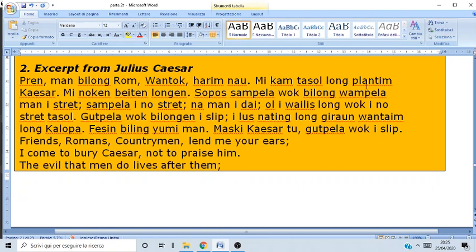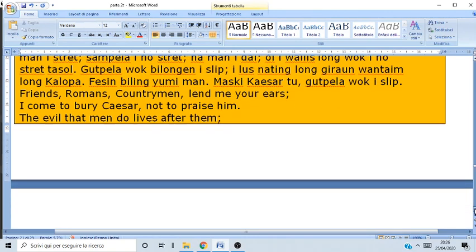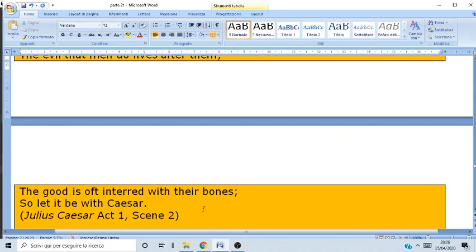Probably this form is this form here. The evil that men do lives after them. The good is oft interred with their bones.